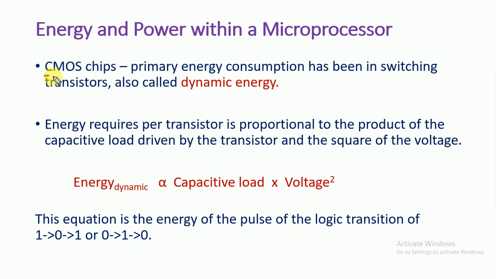So most of the computer systems we are using have CMOS chips, integrated circuit chips, as the major element for creating a microprocessor. So CMOS chips are being used for such processor generation. In these microprocessors, the primary energy consumption is actually because of the switching between transistors.